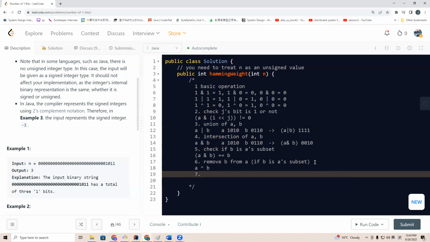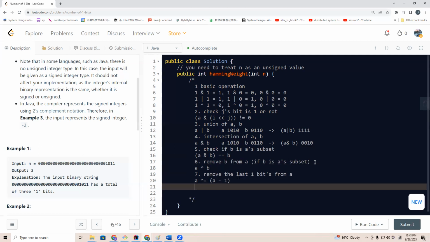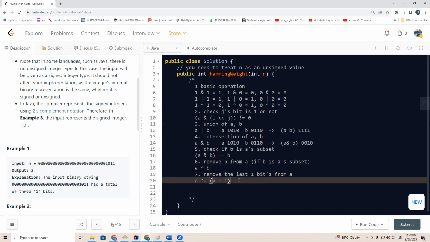And the seventh thing we want to review is removing the last 1 bit from A. That is A AND (A minus 1). What does this one mean? For example, we have A as 1010.